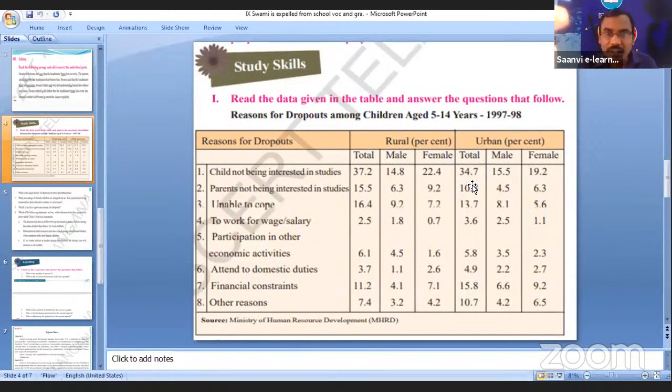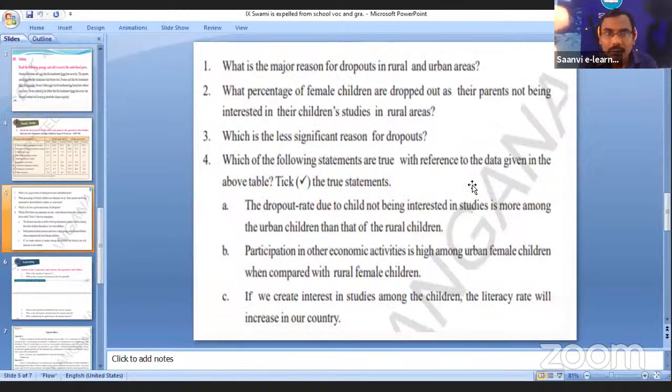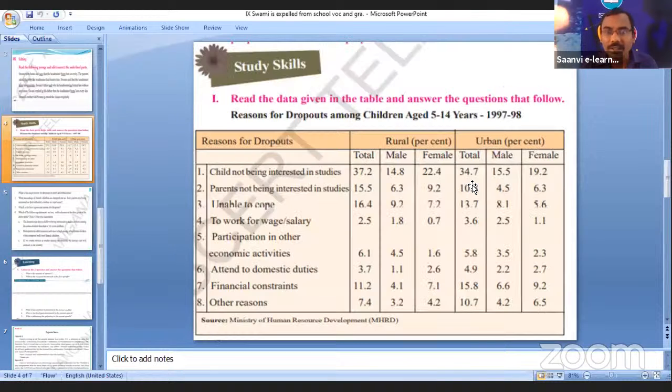Parents not being interested in studies in rural areas, female children. It means in rural areas 9.2. Parents not being interested in studies, in rural area, female 9.2 percentage. Write it.